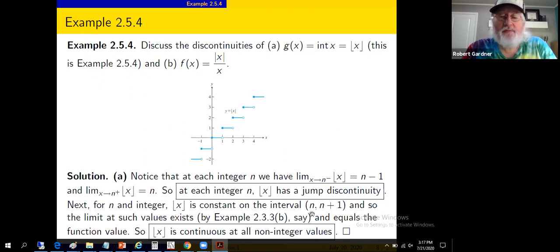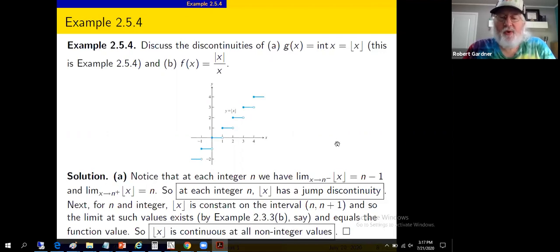Now, if I choose anything between n and n plus 1, excluding the endpoints, the behavior of that function there is just a straight line segment. Forget the endpoints. At those points, we can say the two-sided limit exists. It's actually a constant function on those kinds of intervals. We can justify saying then that the limit exists.